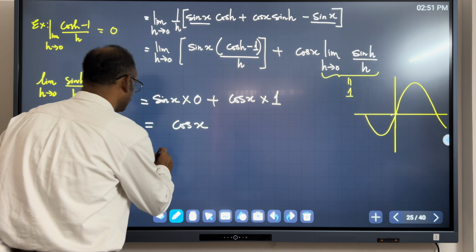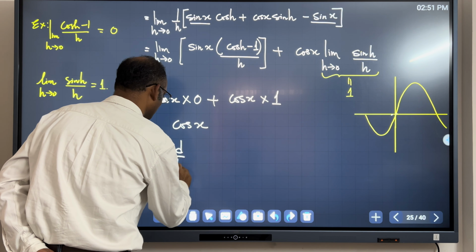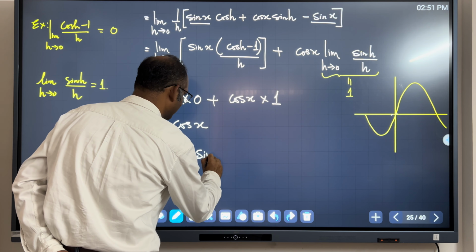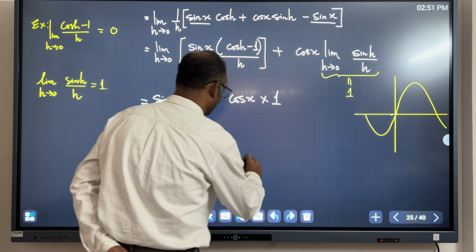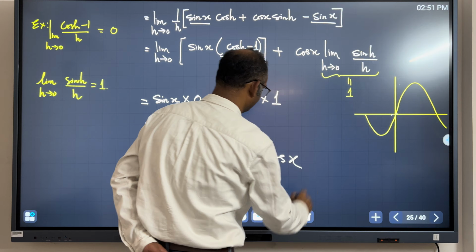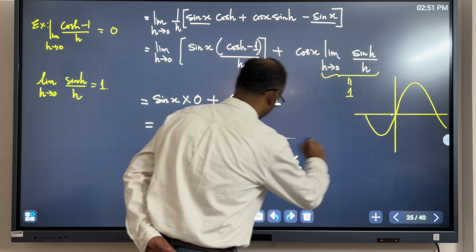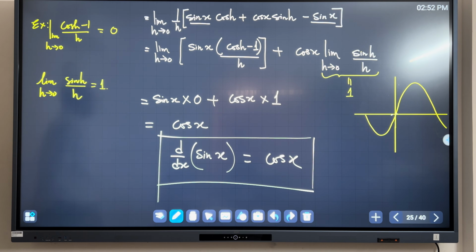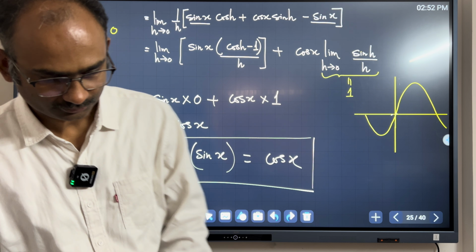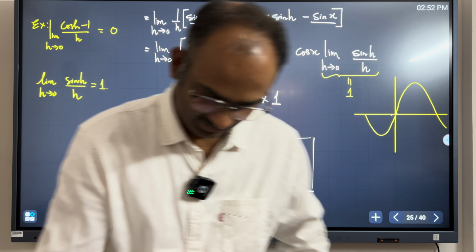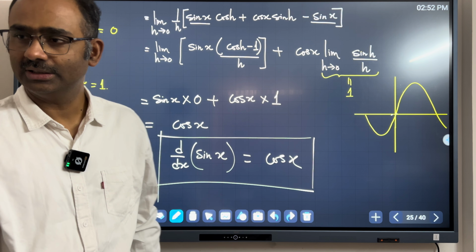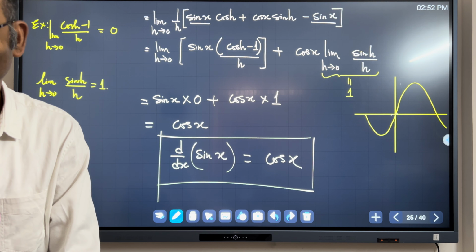So d over dx of sine of x is cos of x. That's our result. Are you happy? Now you can differentiate sine of x.